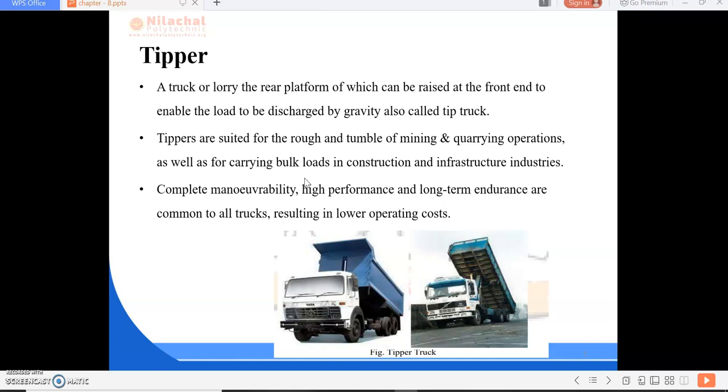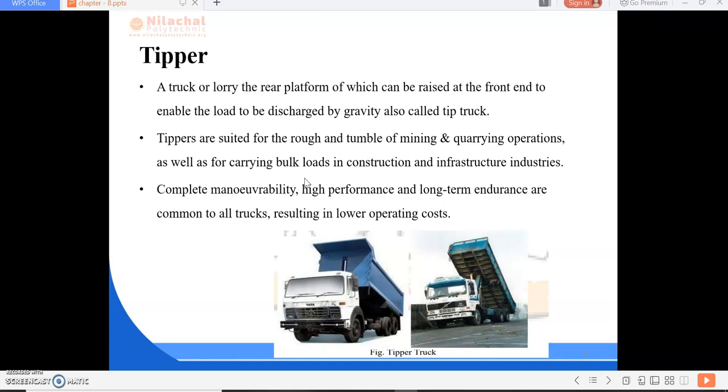Next is tipper. A truck or lorry, the rear platform of which can be raised at the front end to enable the load to be discharged by gravity, also called tip truck.